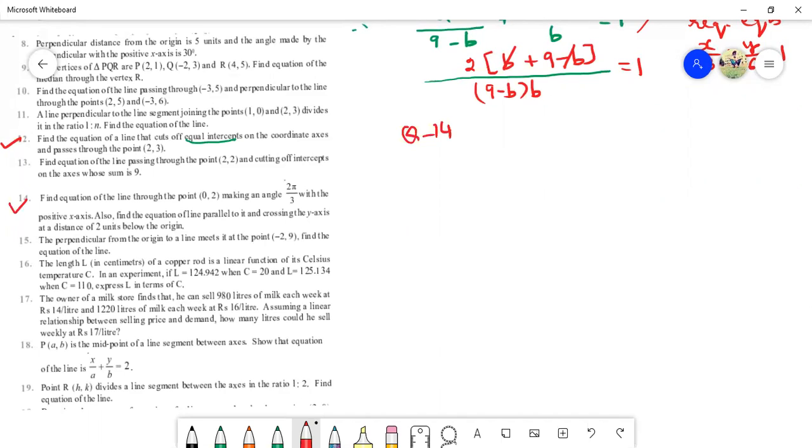Let me draw the diagram first. This is the y-axis.